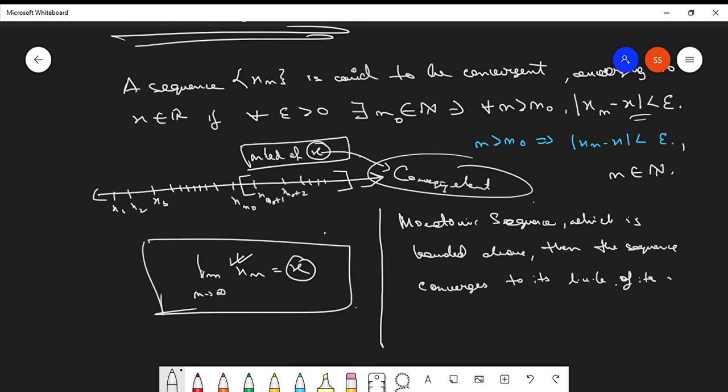The LUB will be of its range, obviously. Clear?